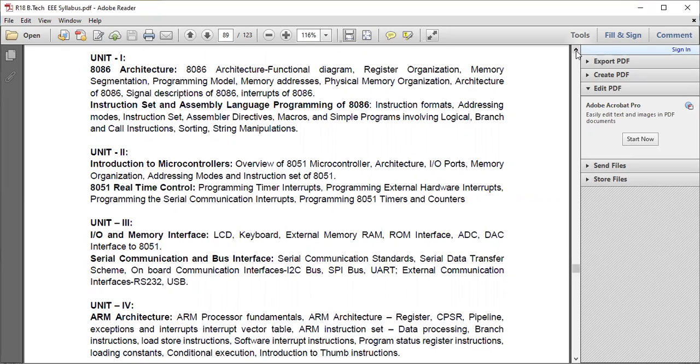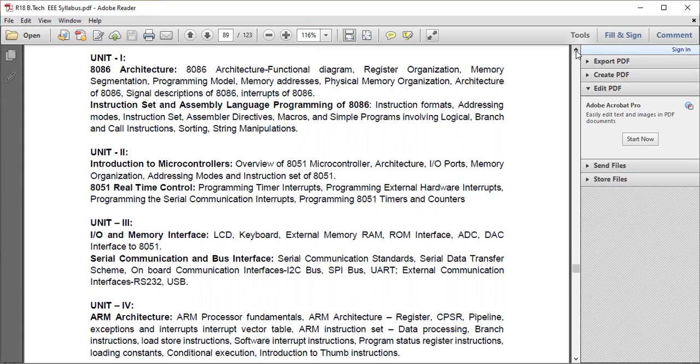We will discuss all that. We will also discuss the architecture of 8086, register organization, memory segmentation, the signal description, that is the pin diagram of 8086, and the interrupts which are present in the 8086 processor. All these topics we will cover in the first unit, first part of the microprocessors and microcontroller subject.